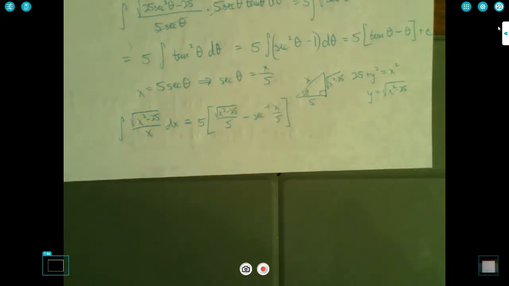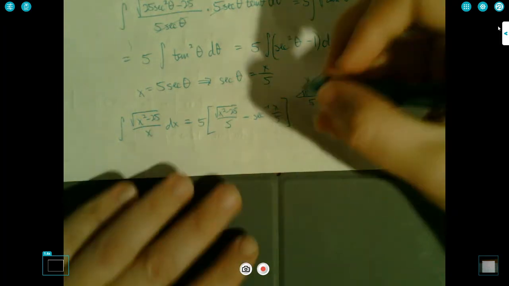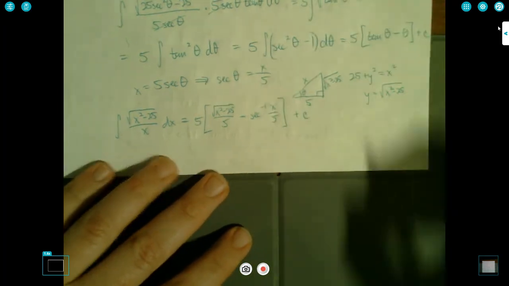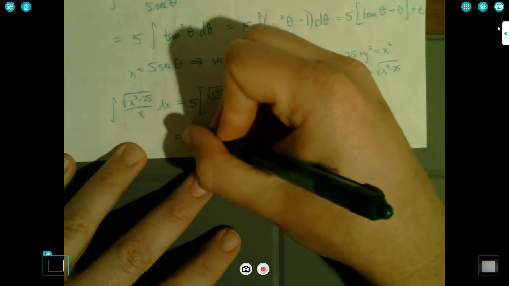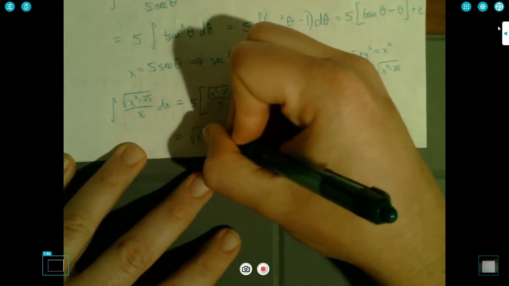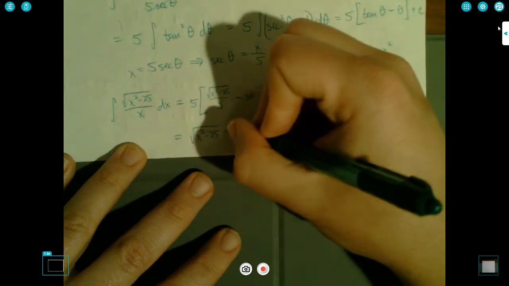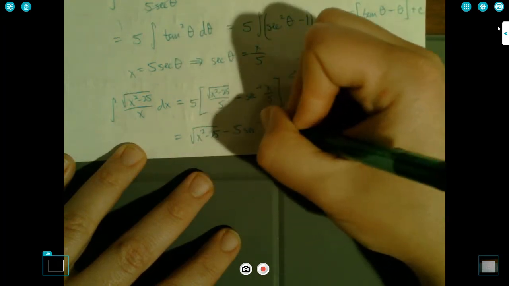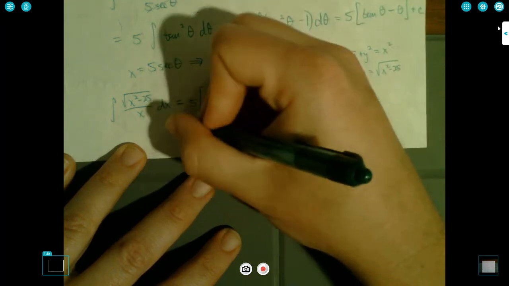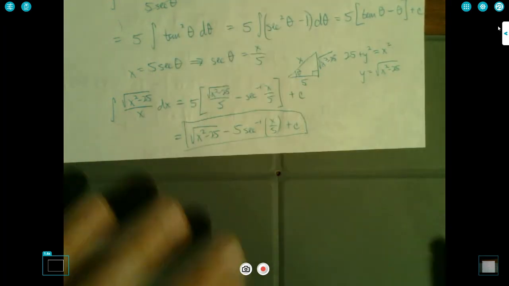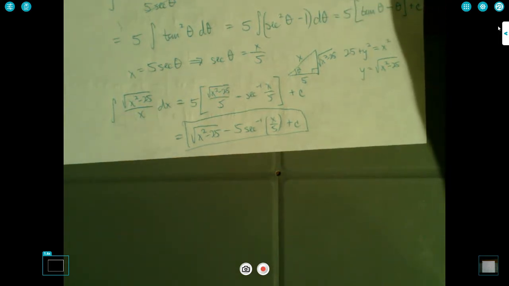And there's our answer. We could distribute the 5, I suppose. Oh, can't forget our constant of integration. So we could distribute the 5 and call this square root of x squared minus 25 minus 5 secant inverse of x over 5 plus c. But that's that one.